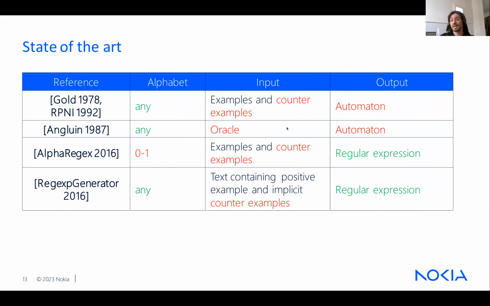And counterexamples help a lot the inference process. Without counterexamples, the problem somehow gets harder. So if there's one thing that distinguishes us from the rest of the state of the art, it's mainly this point. We work with less information.